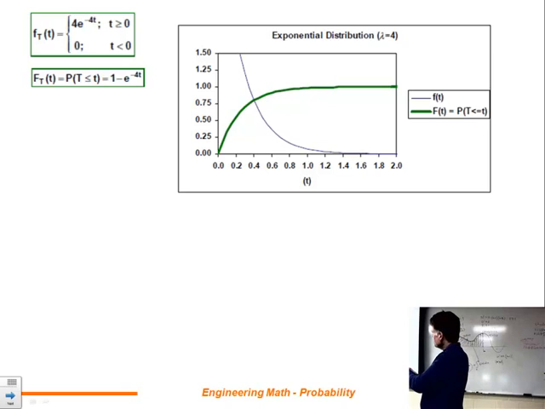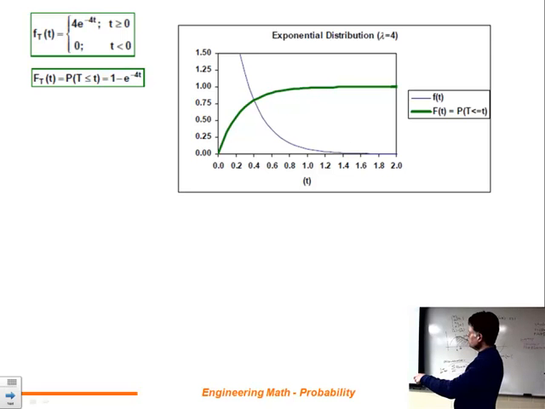In general, as time goes on from when you start your stopwatch, the probability rises basically linearly until it levels out and approaches 1 eventually. So the longer you wait, the more likely it is you've seen your first request.